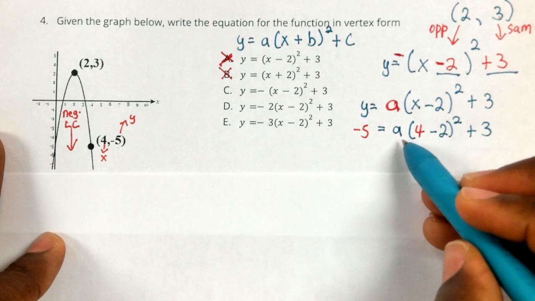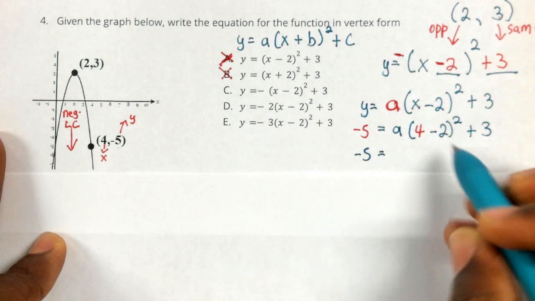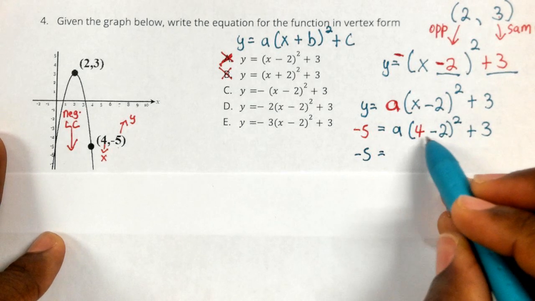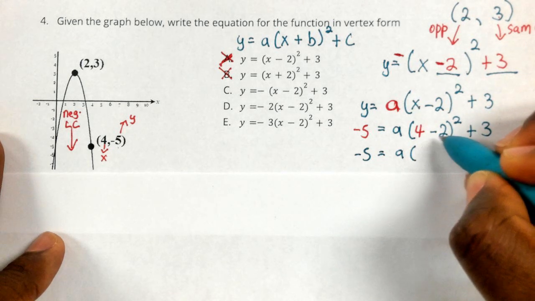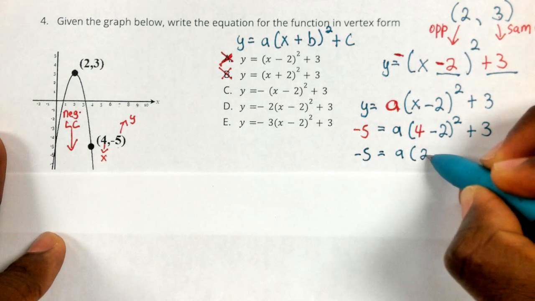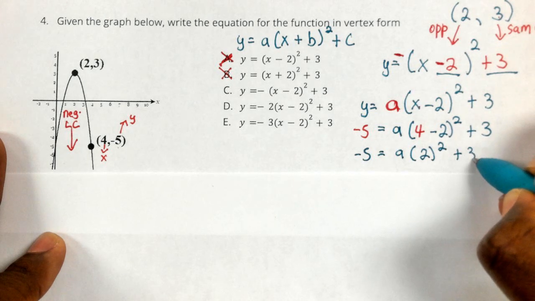To find the value of a, first let me bring down the negative 5, because I see something inside the parentheses that I can calculate. What is 4 minus 2? 4 minus 2 is 2. Then I rewrite the squared and the positive 3.